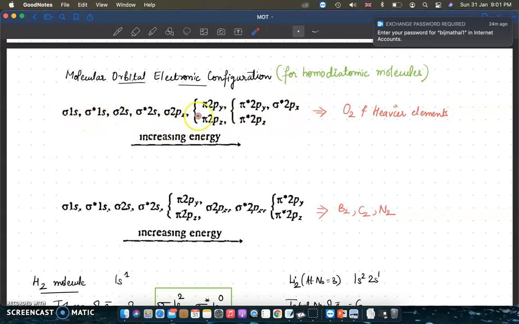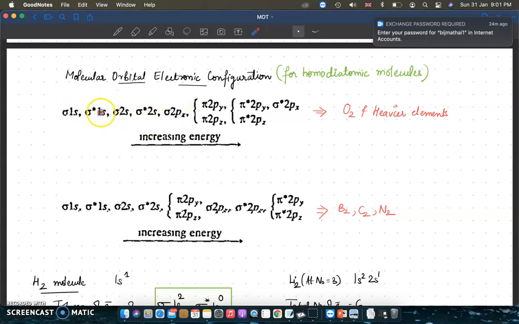For O2, that is oxygen, and heavier diatomic molecules, this is the order of the electronic configurations, as you can see here, and the order looks similar to what you do for atomic orbitals.